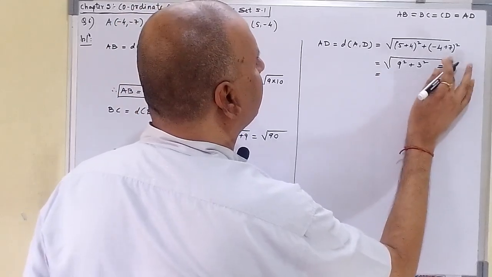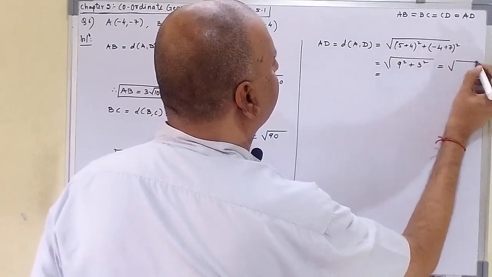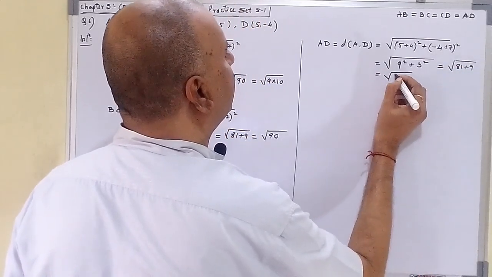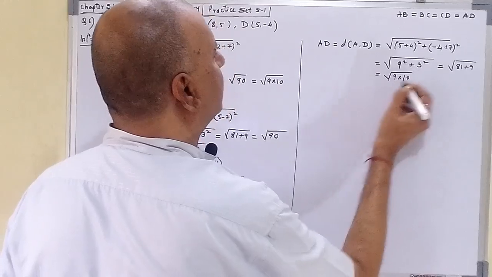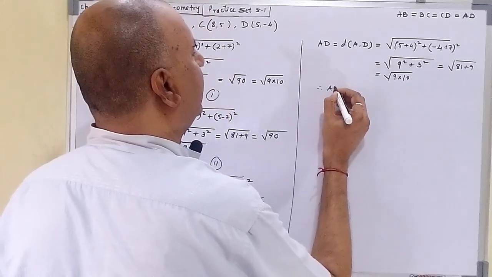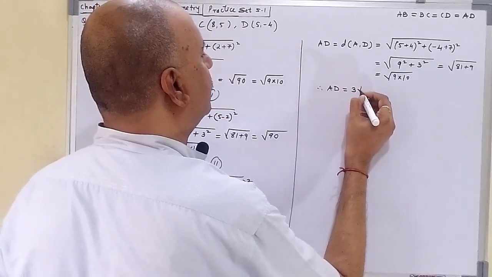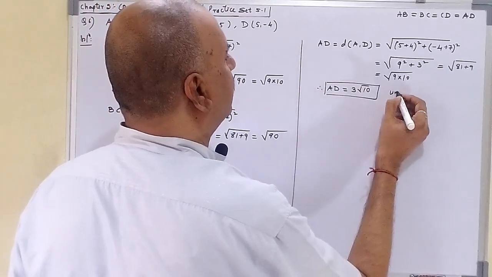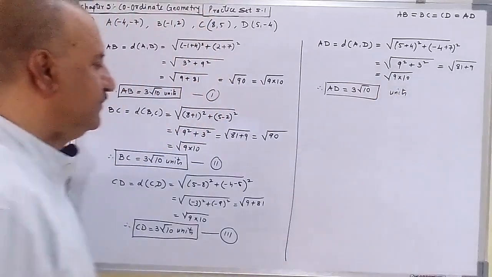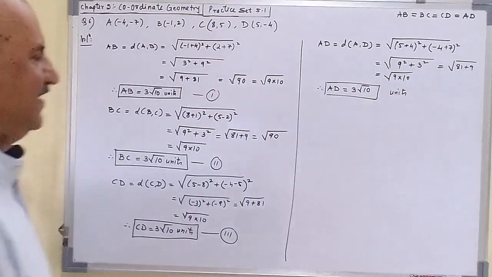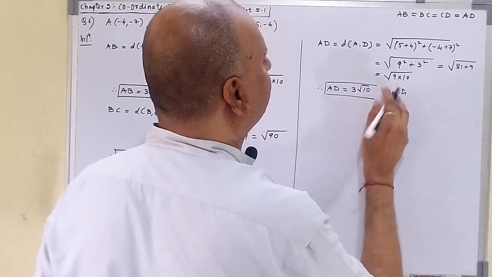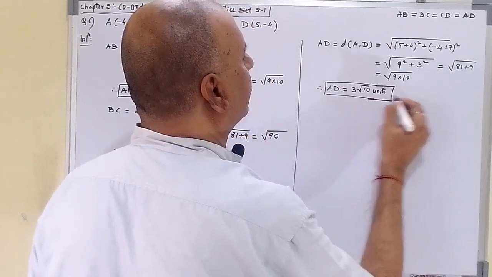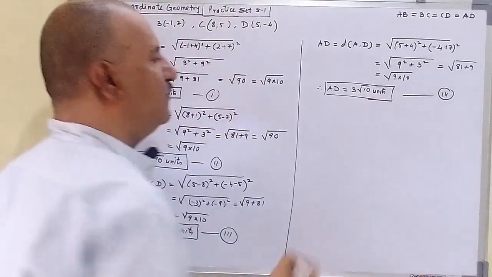This is again 81 plus 9, 90, that is 9 into 10. Therefore AD is equal to 3 root 10 units. This is your fourth.